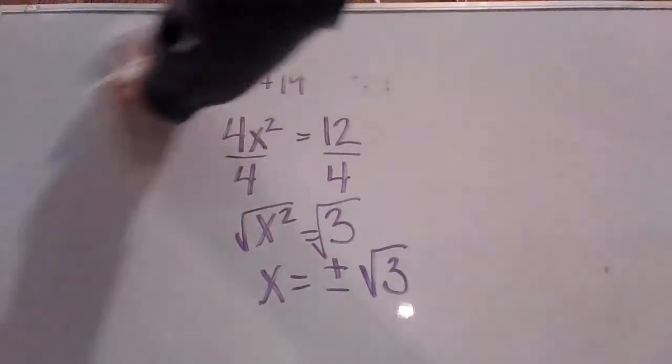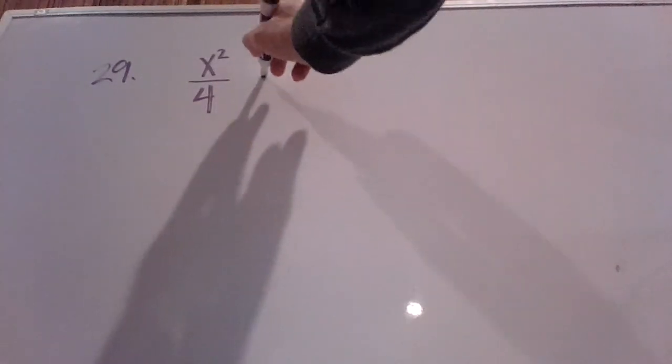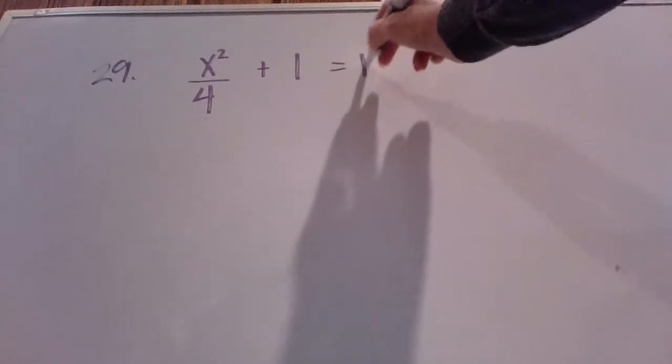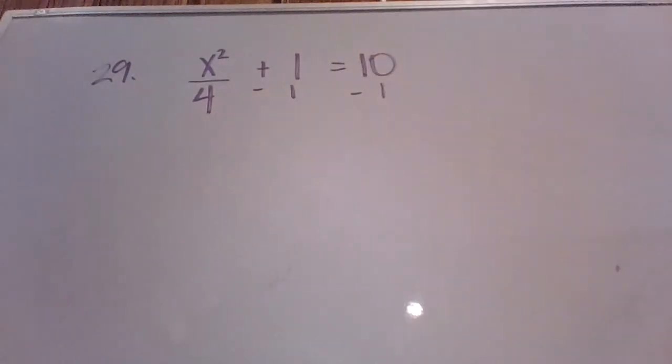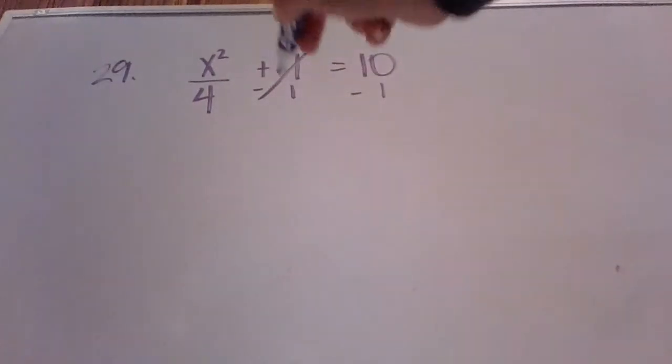Let's do 29. Number 29 is x squared divided by 4 plus 1 equals 10. I'm going to subtract 1 from each side. This cancels out.